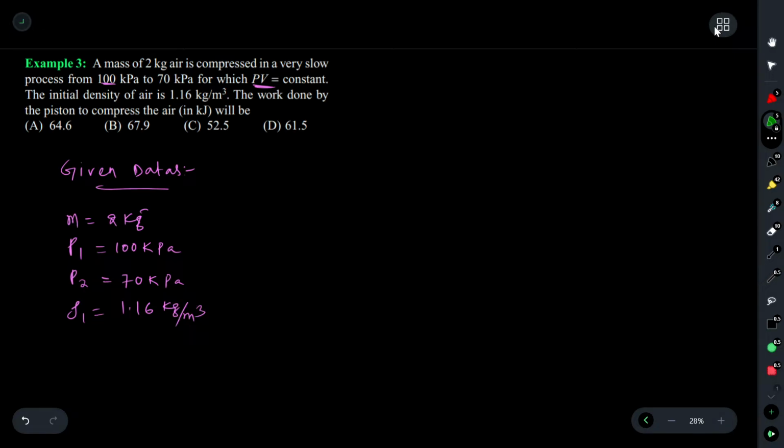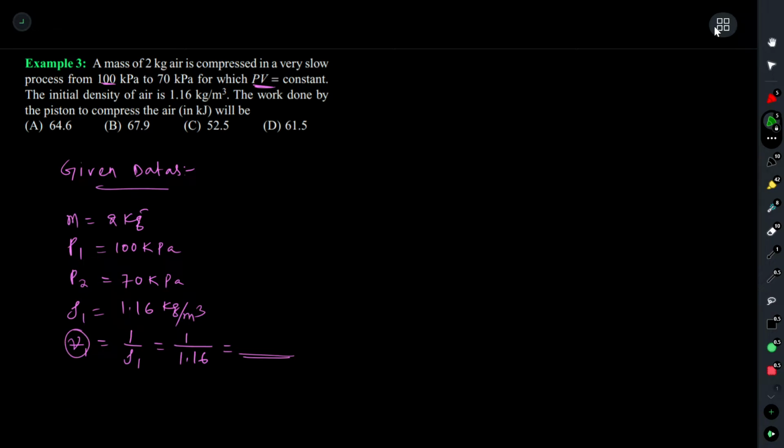From here, as I have mentioned, I can find the value of specific volume for the initial condition, that is V1, and that will be 1 by rho 1. So this is nothing but 1 by 1.16, and whatever the calculated value is will be the value of V1. And we need to find the work done by the piston to compress the air.